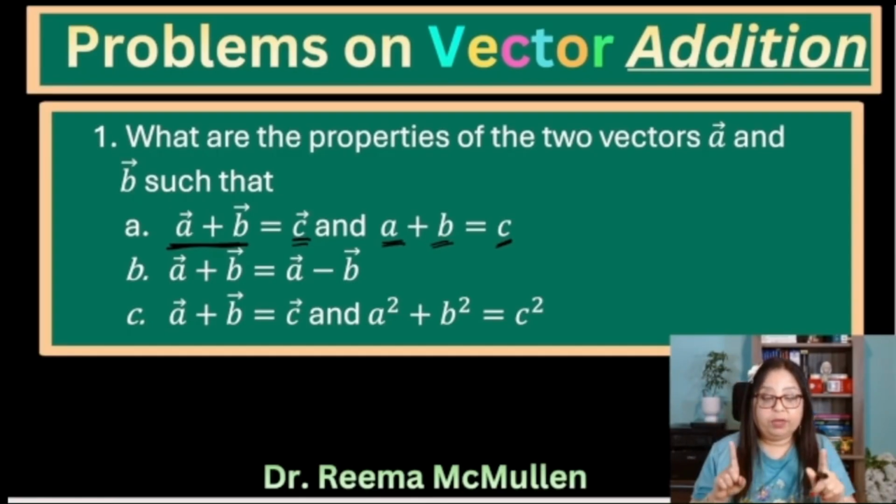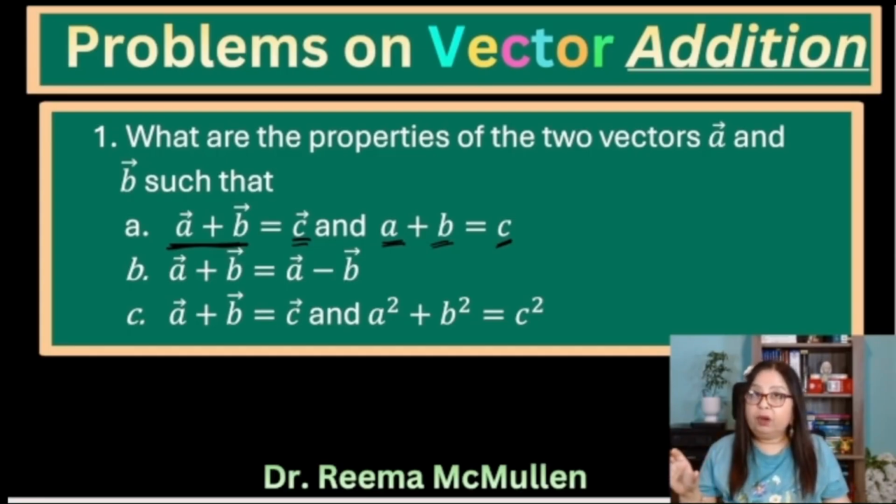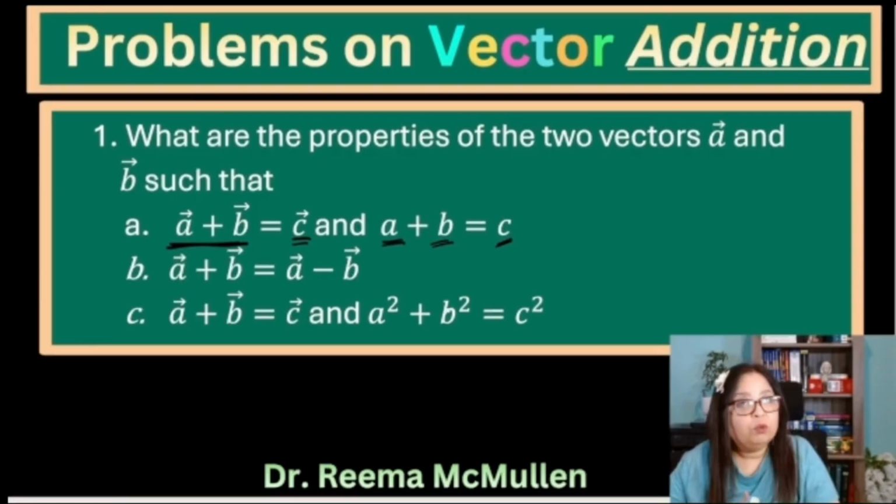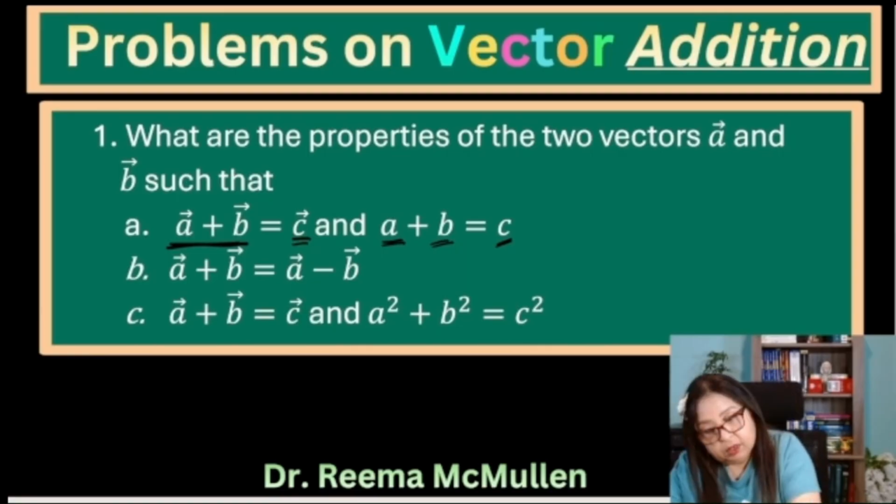So here's what it means. You are adding two vectors A and B, and that is equal to a third vector C. And also the magnitude of vector A plus the magnitude of vector B is equal to the magnitude of vector C. So what we're saying is that vector C is the resultant of the vector sum of vectors A and B. Just a few slides ago, we saw that vector R was equal to what?